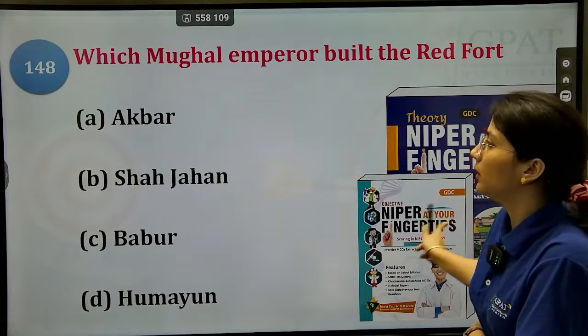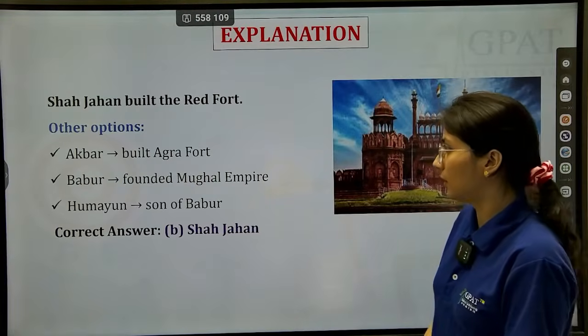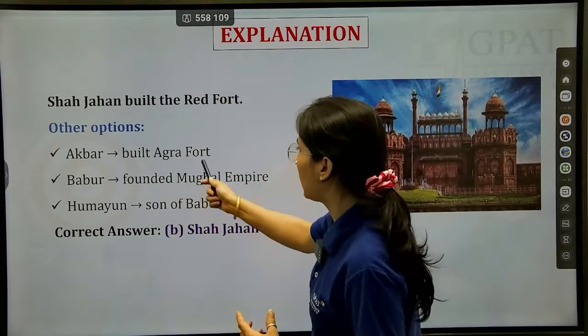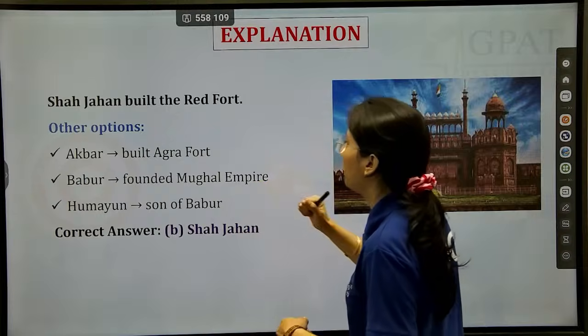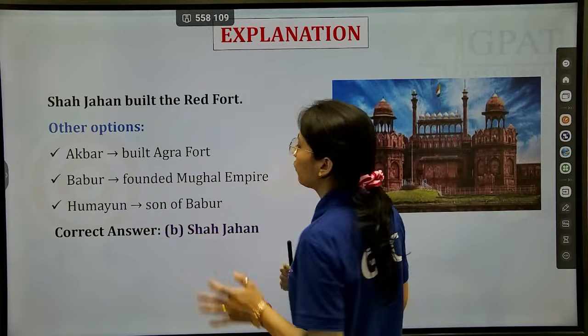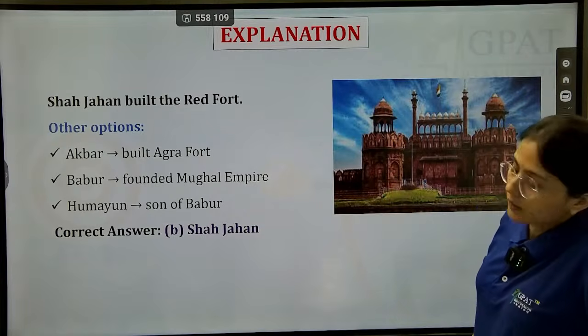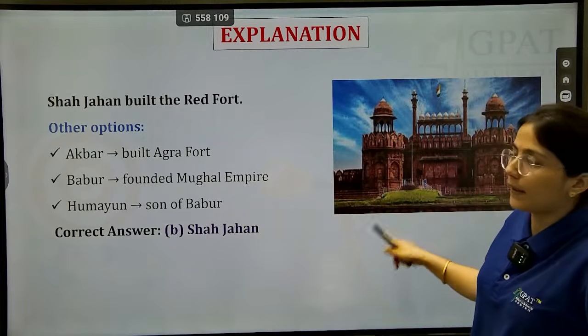That is Shahjahan. Shahjahan built the Red Fort. Akbar built Agra Fort. Babur founded the Mughal Empire, and Humayun was the son of Babur. So the answer is Shahjahan.